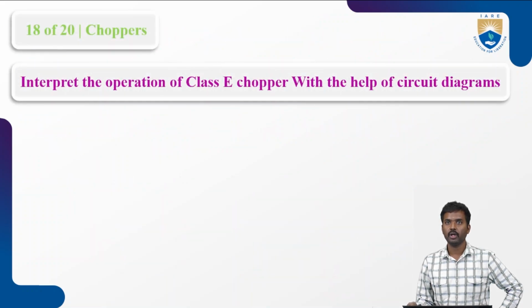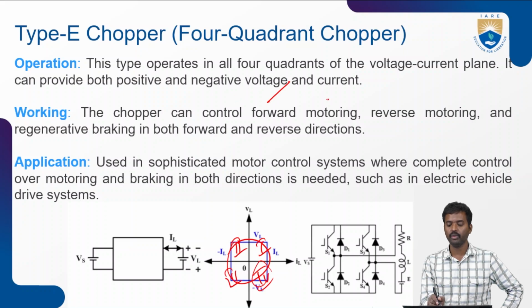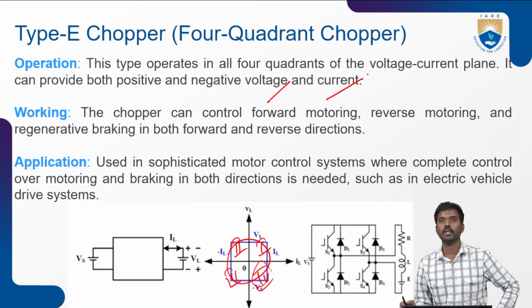Class C chopper we already discussed. In the four quadrant chopper, the 1st, 2nd, 3rd and 4th quadrants it will operate. Voltage is either positive or negative, and current is also either positive or negative.